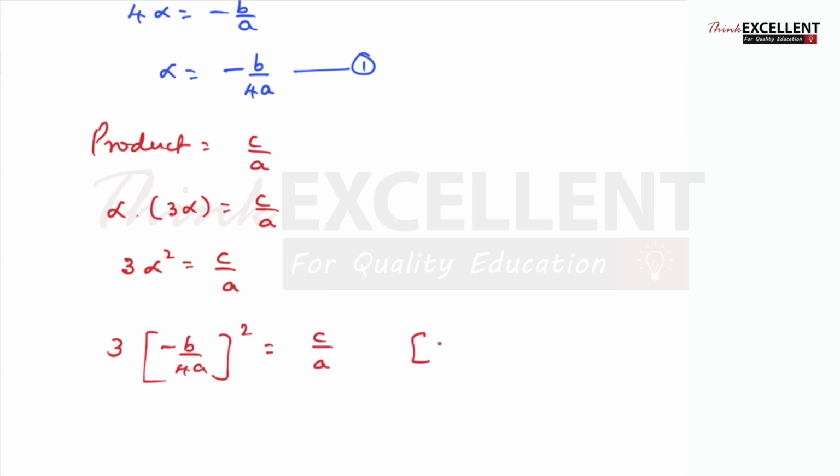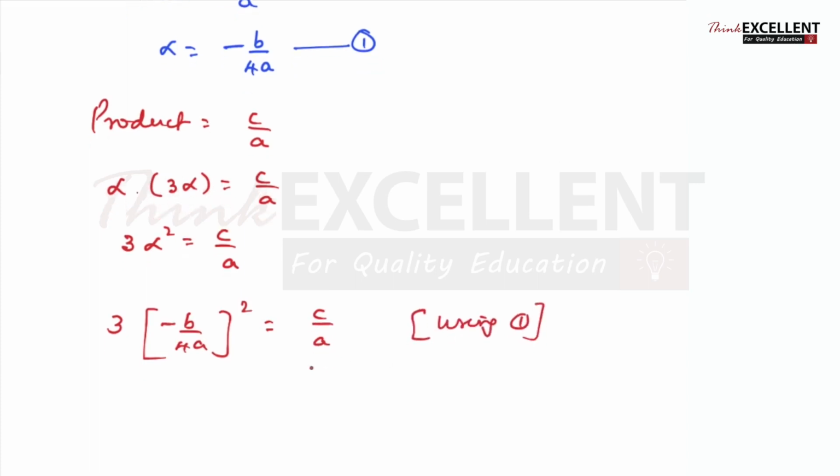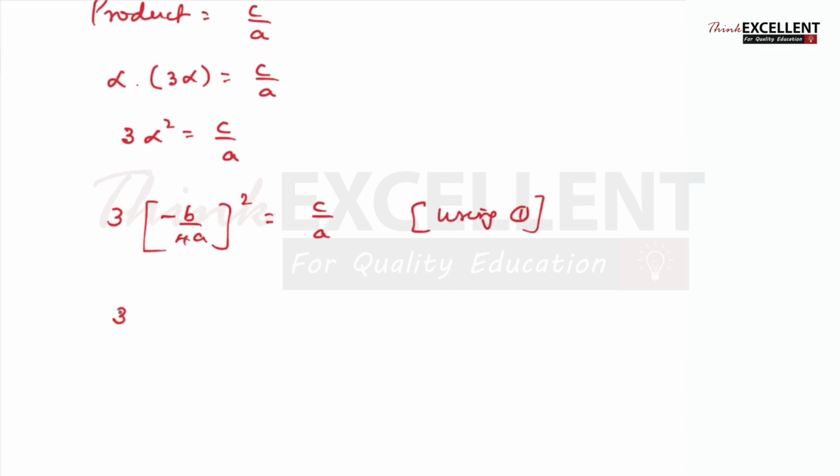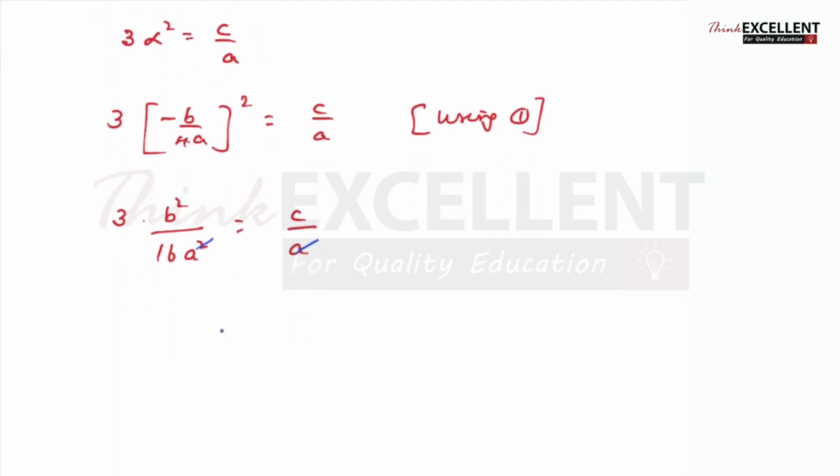Now we simplify 3 into, when you square, the minus becomes plus. So 3b square by 16a square equal to c by a. So cancel a square and a, right? One a gets cancelled. Now we cross multiply, 3b square is equal to 16ac. So this is the condition for one root is thrice the other.